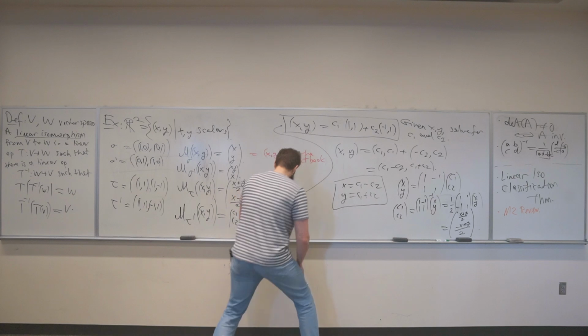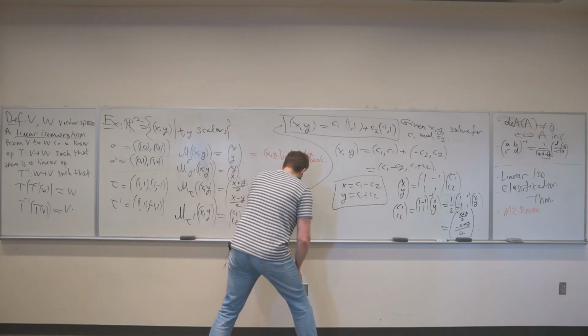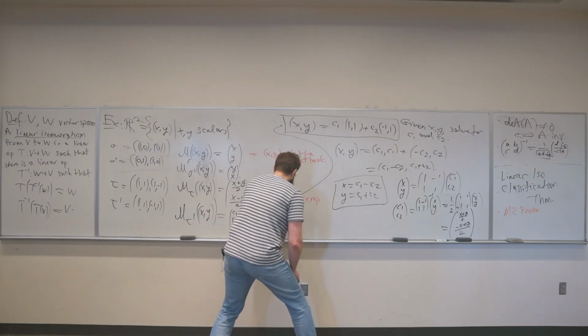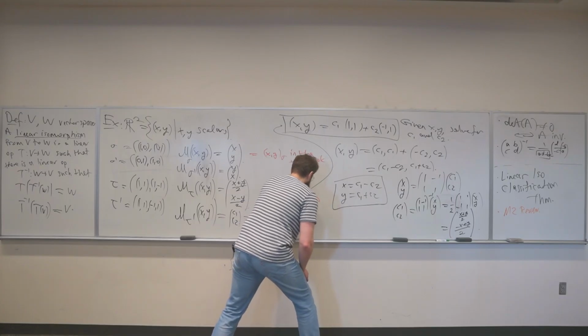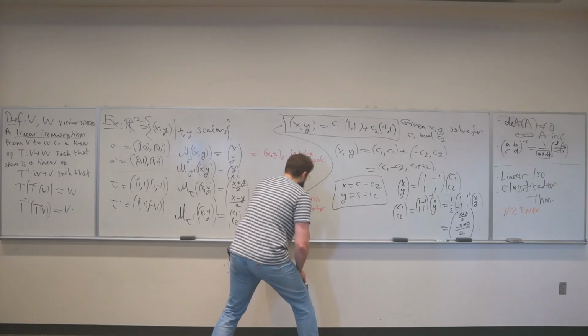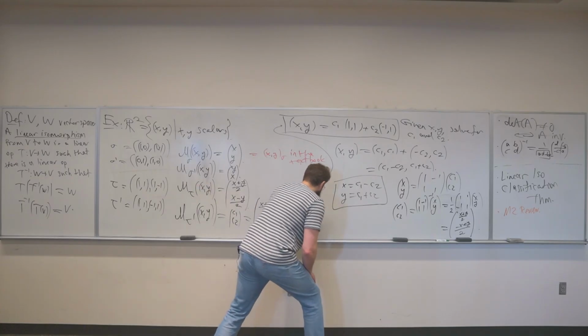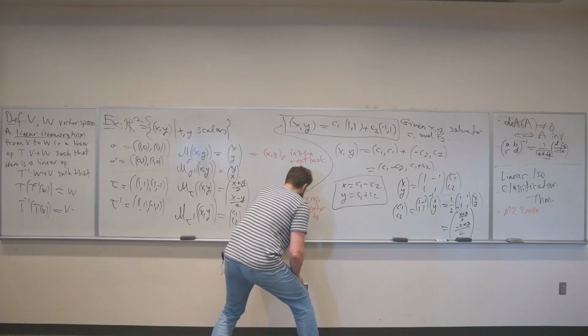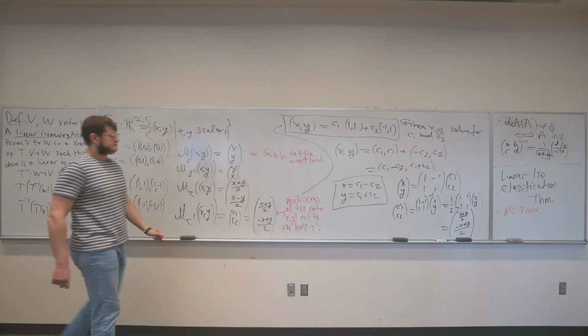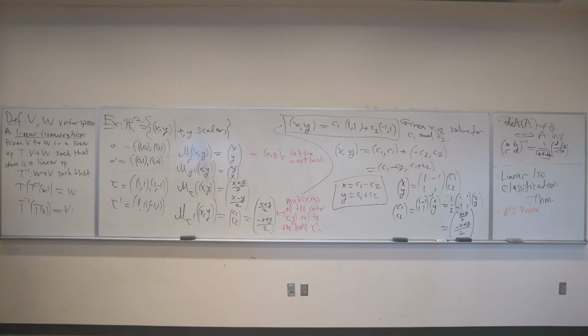So just write it explicitly. Again, matrix rep of the vector xy relative to the basis tau prime. Okay?